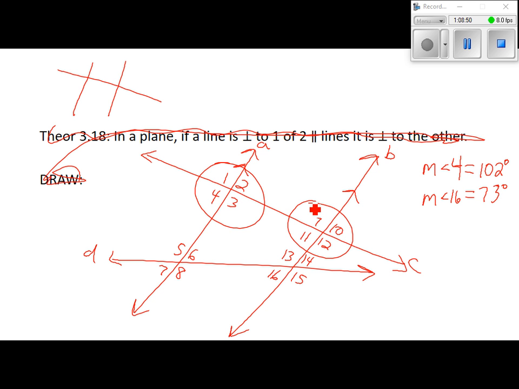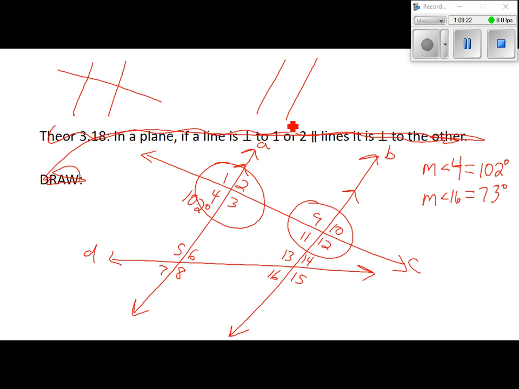Now, maybe on your paper, you can cover up one or the other with your finger or your hand, so you're not looking at it. But I guarantee the whole bunch of you are going to look at these angles, and we know angle 4 is 102 degrees. And then you're going to try to jump down here and say angle 7 is how much? 102. Is that true? No. That doesn't work. You got to make sure that you separate them off.